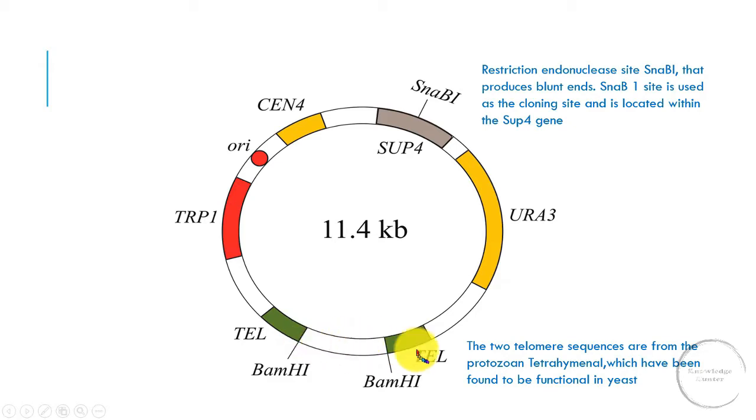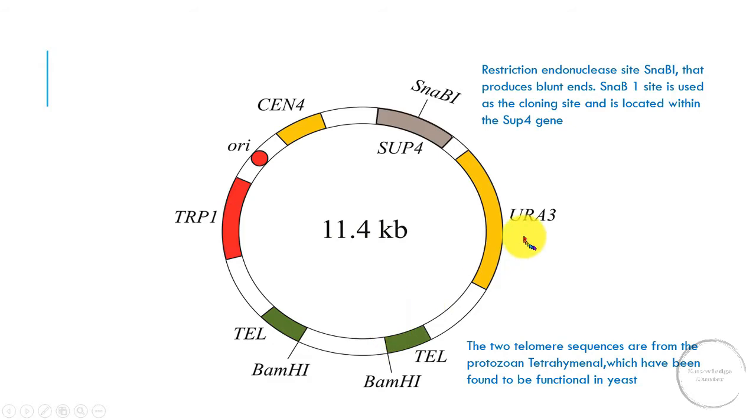two ends of which contain restriction sites for BamHI, and this segment also contains the histidine 3 gene, and the segment is also known as the Stuffer segment, which is the non-essential part of the vector, which can be cut out without affecting the vector.